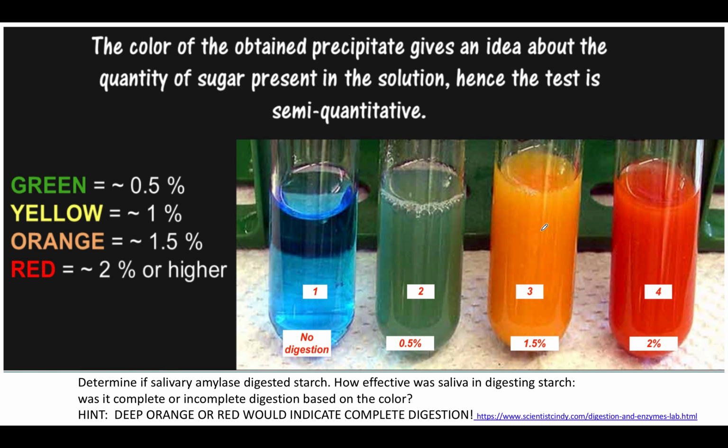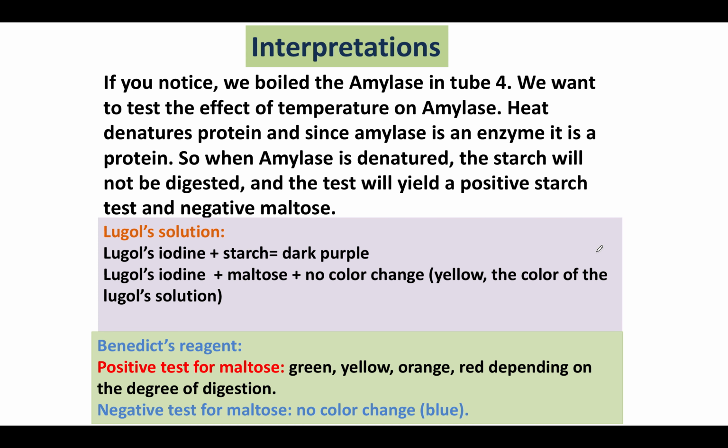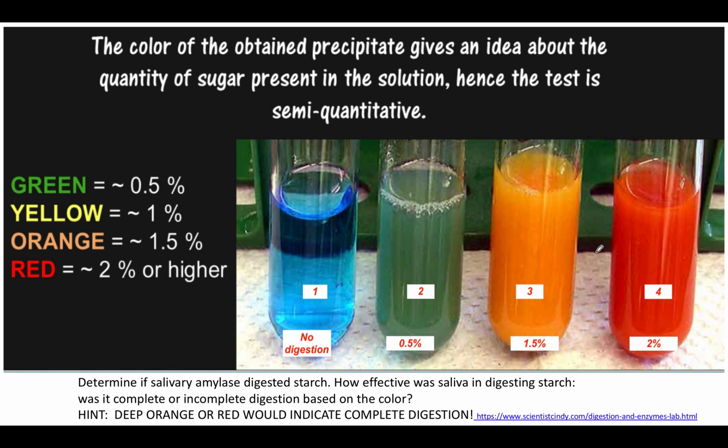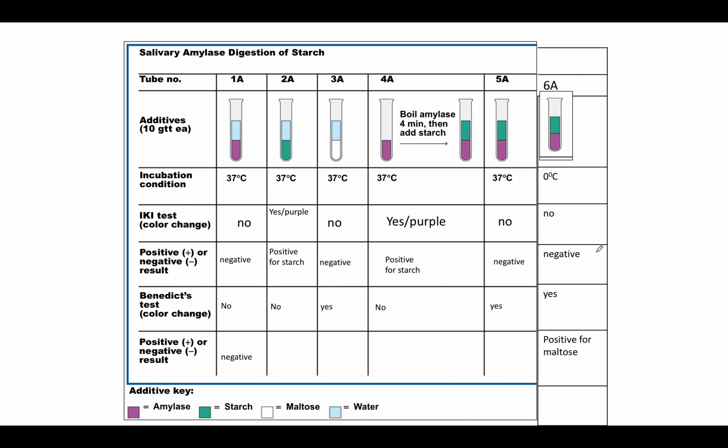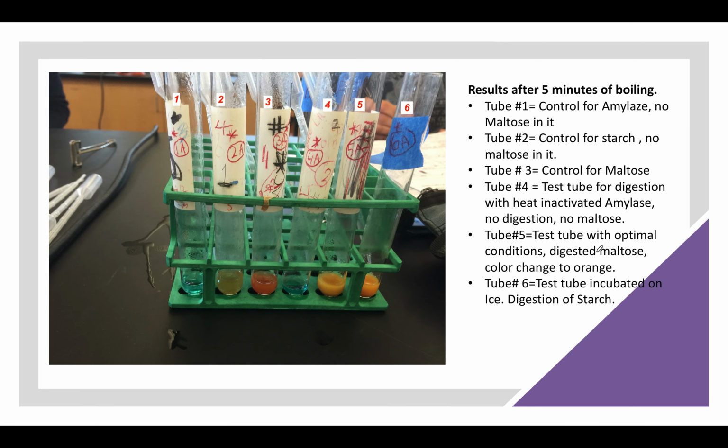So as digestion occurs, sometimes if we give more time, as the starch decreases, the sugar will increase and the digestion will occur more, and according to that the color is going to change. So that's why sometimes we see different colors as we saw here. Let me go back. As we saw here, probably if we have given more time, this would have been more red.